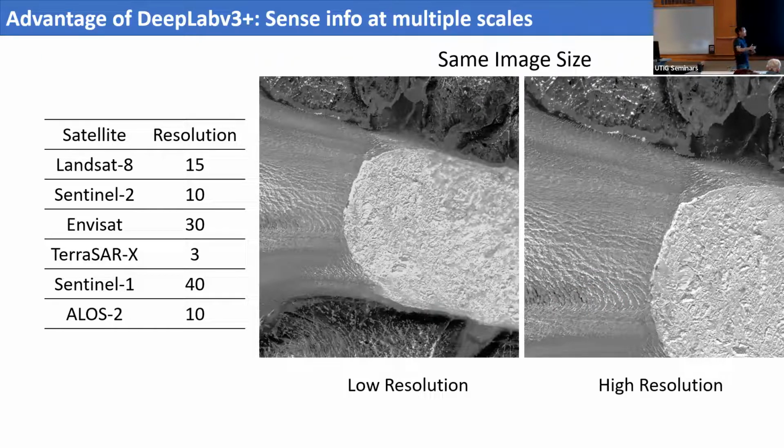It's just like looking at things closely or from a relatively long distance. So this advantage is really useful for integrating different datasets with different resolutions, because images with the same size are actually describing things at different scales.